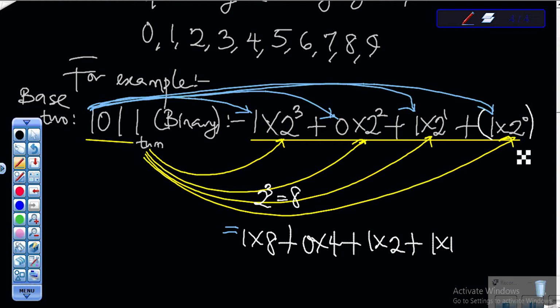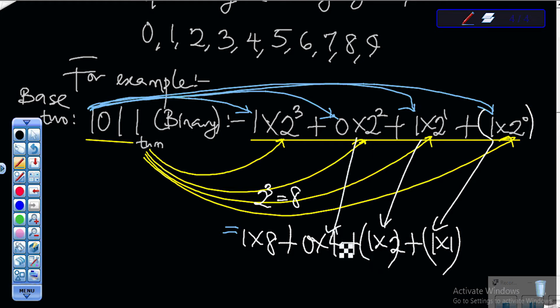This gives this, and finally, this gives us this. Please don't be offended by a few lines crossing over each other.